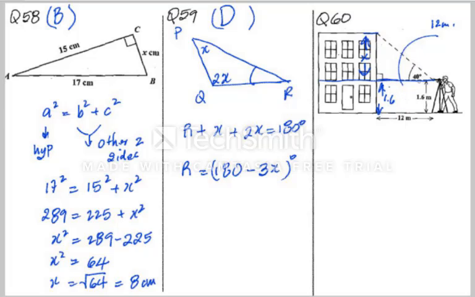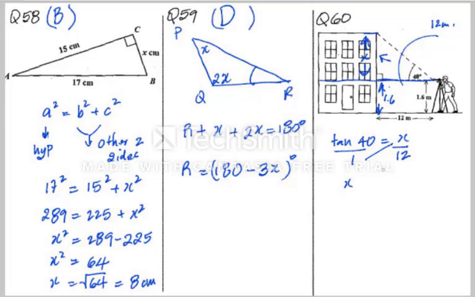X is opposite to the 40 degrees, and the 12 meters at the bottom is adjacent. The trig ratio that includes opposite and adjacent is tan. So the tangent of 40 is opposite x over adjacent 12. If one fraction is equal to one fraction, I would cross multiply.